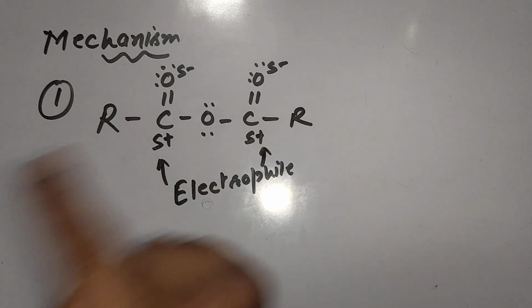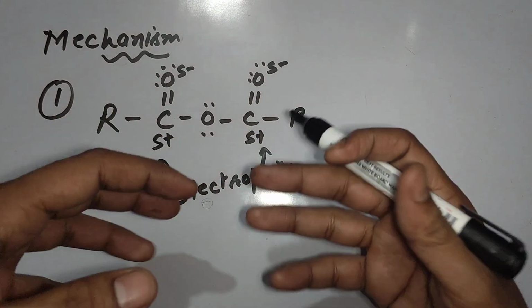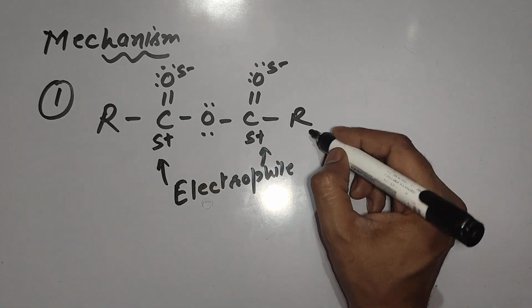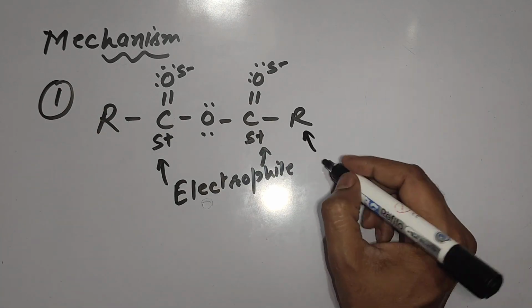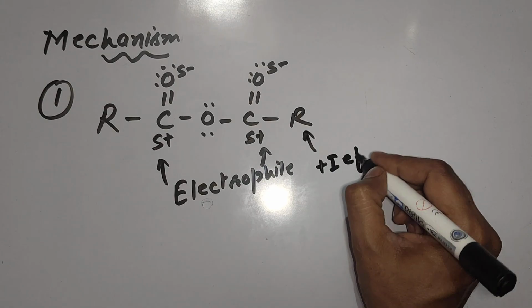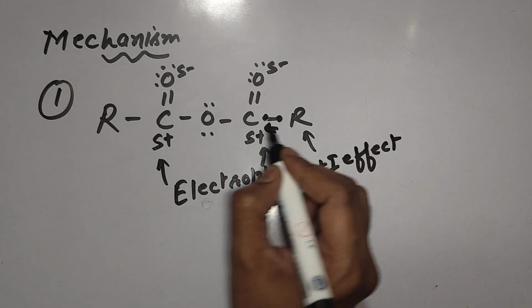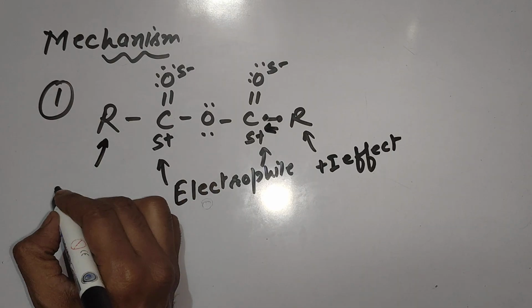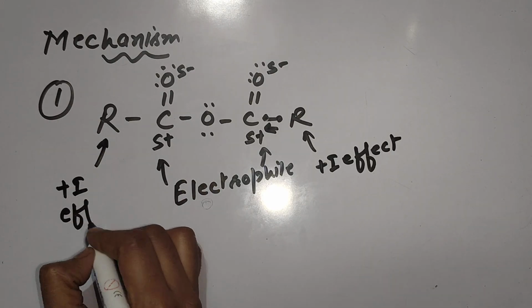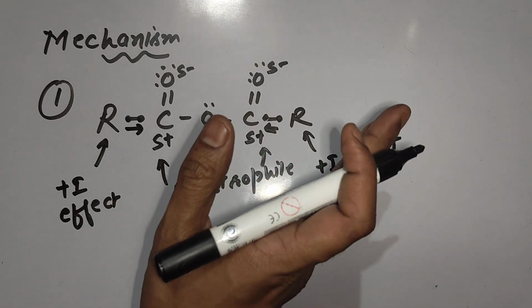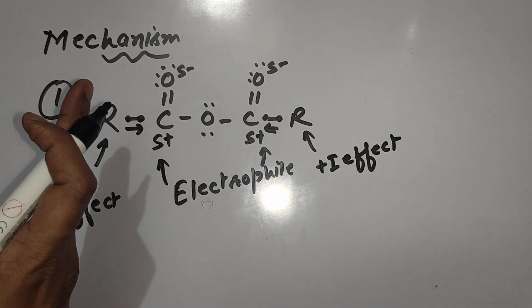But wait, which carbon is more electrophilic? It is decided by the R group. R groups are showing plus I effect, means R groups are donating electrons toward these carbons. How they are delivering electrons, we have already discussed in previous videos, so you can check it.